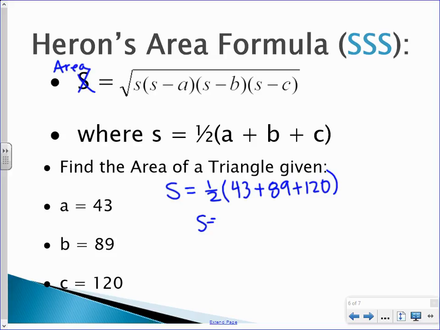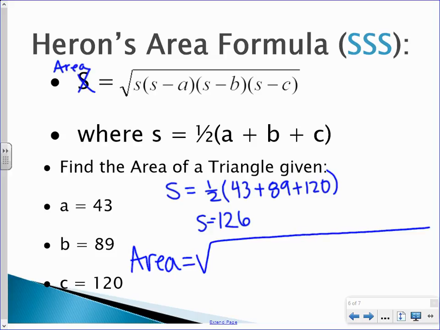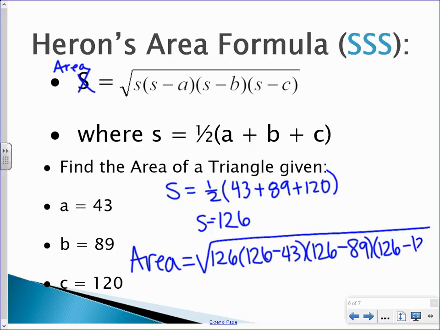Okay. So then our area is the square root of s times s minus side A times s minus side B times s minus side C.